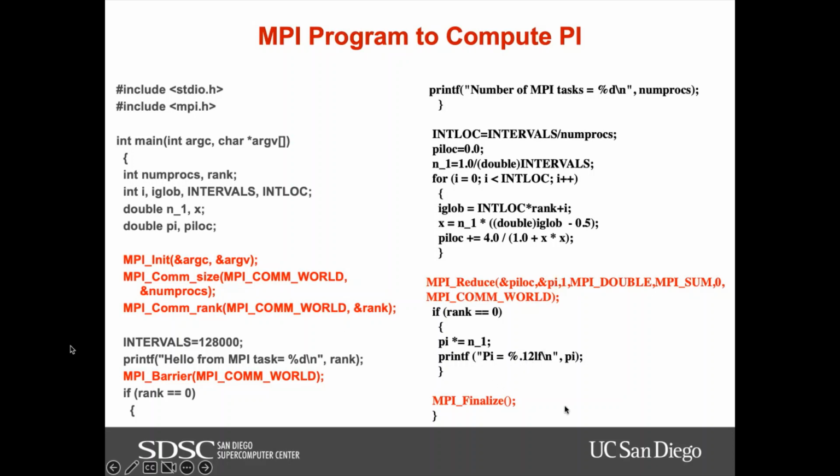And that's what we output in the end. So it's a little different from OpenMP in the sense that you have to explicitly break up the work by telling it exactly what piece of the work is being done in each task. Okay.